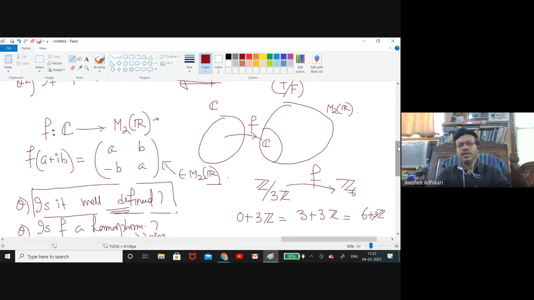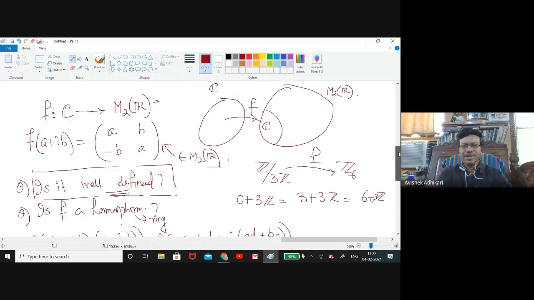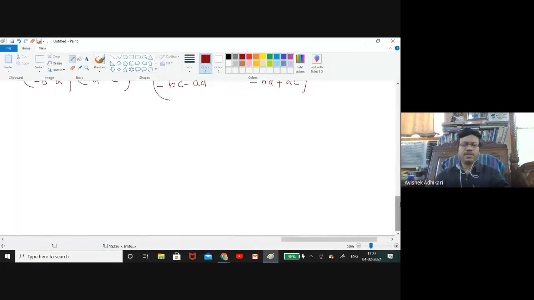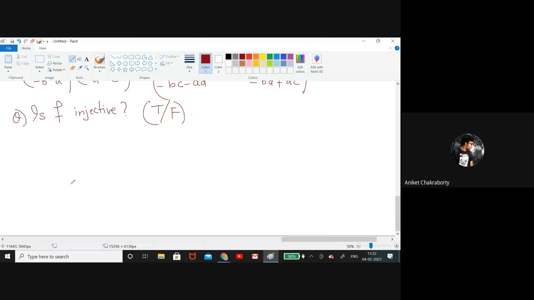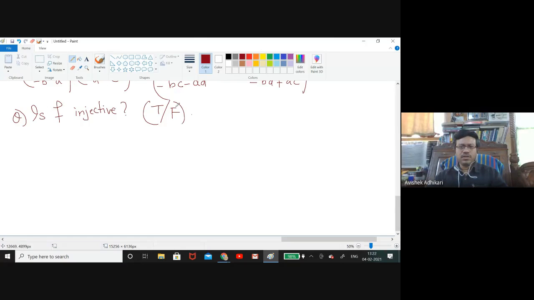Now tell me, is this ring homomorphism injective? So the question is, is f injective? What would be your answer? True or false? Yes, sir.